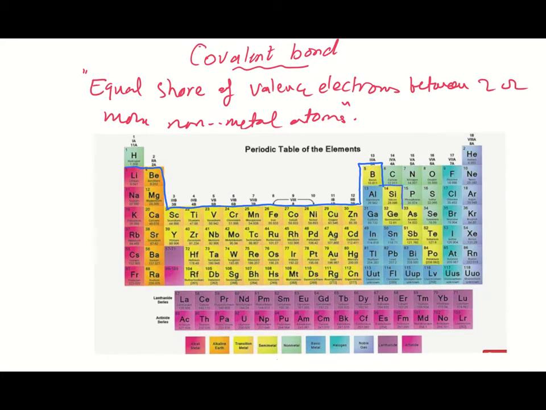Here is the boundary between metals and the non-metals in the periodic table. All of those elements are metals, so they are not involved in formation of covalent bonds. While hydrogen, in addition to the elements on the right-hand side, can be involved in formation of covalent bonding.